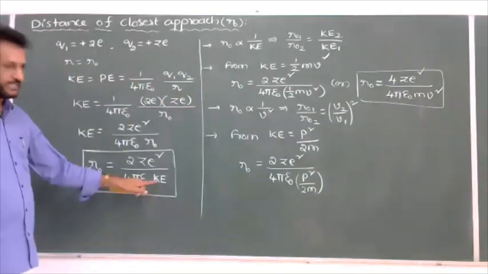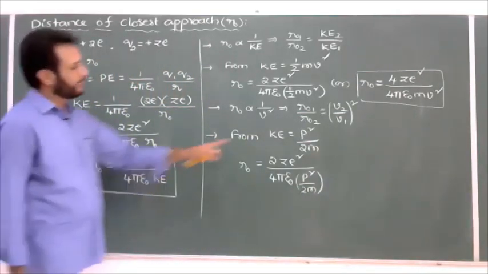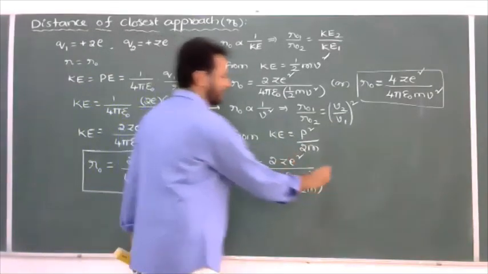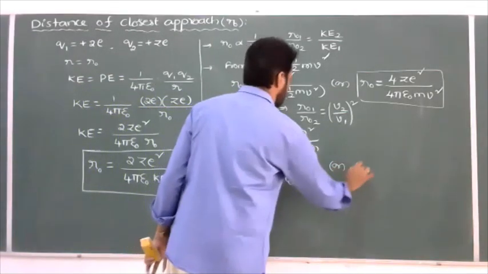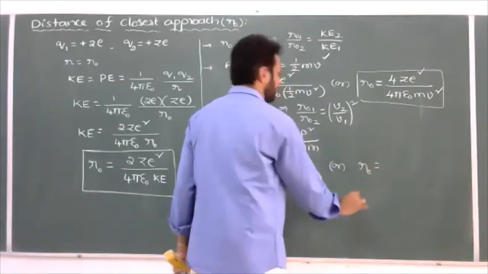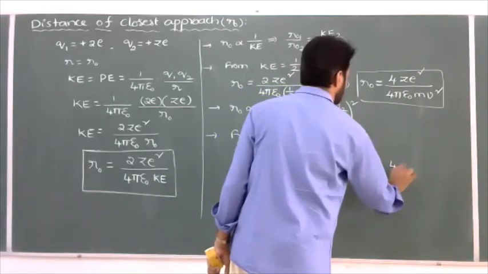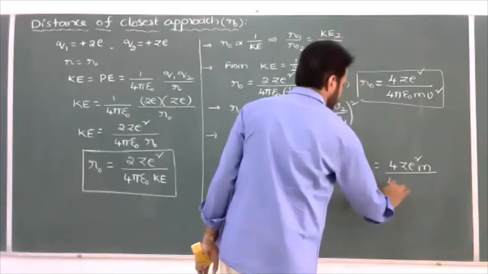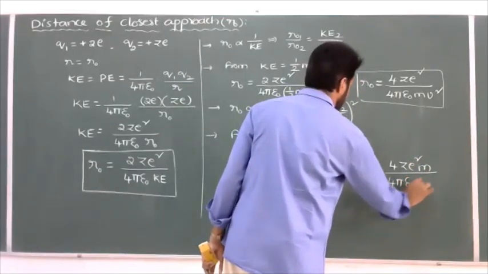Understood? In place of the KE, we are substituting P square by 2m. If you want to take this 2m to the numerator also, R naught is equal to 2 into 2, 4 into Ze square into m divided by 4 pi epsilon naught into P square.